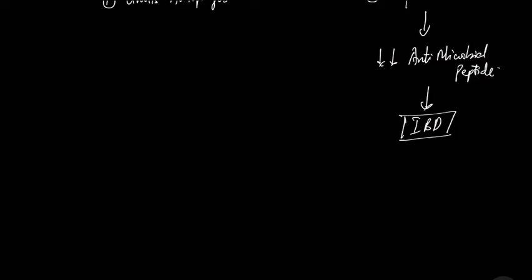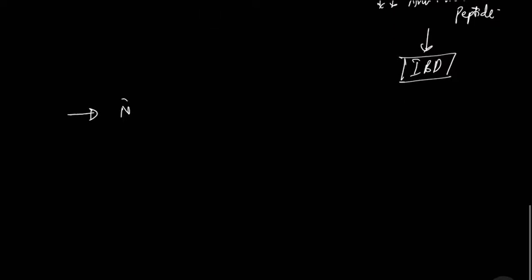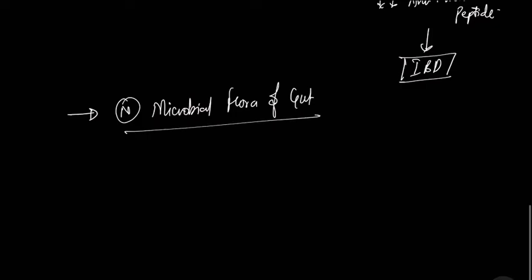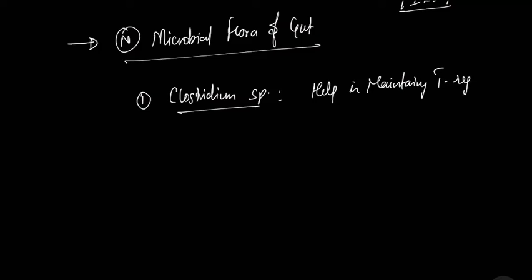Now before we jump into the pathogenesis, let's discuss the normal microbial flora of the gut. Let's see what this includes. Firstly, the Clostridium species, which are normally present in our gut. They help in maintaining T regulatory cells.